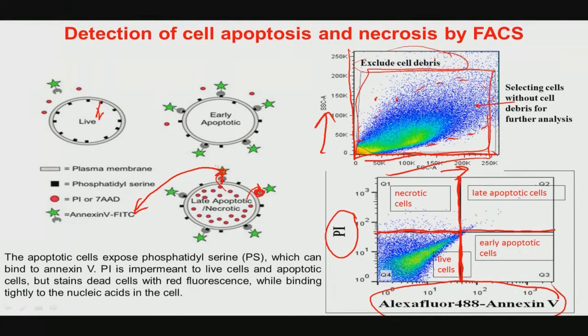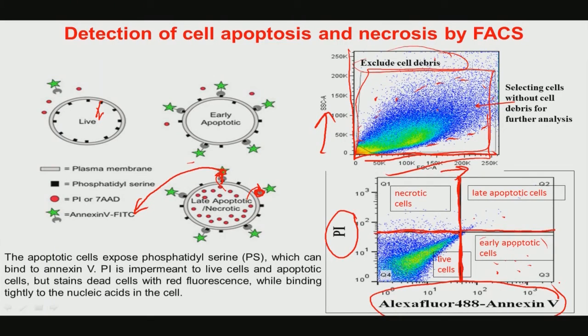So, therefore, the higher the tagging, the more the annexin expression. Okay. So, if a certain region shows a large number of dots with high annexin expression, that essentially tells you that this fraction of the cells have phosphatidyl serine molecules which are now located outside the plasma membrane towards the extracellular space.